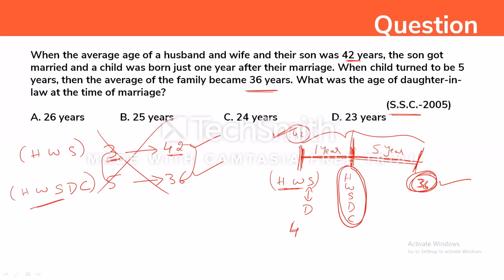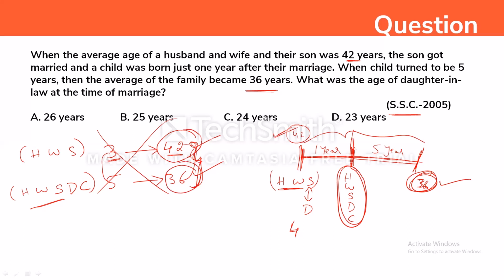But how can you compare these two equations, or how can you take a shortcut for these two equations at different time intervals? We can't take this shortcut for these time intervals, but this shortcut is applicable for this question just by changing one small condition. Here we should not take 42 years, because this 36 years is after 6 years.